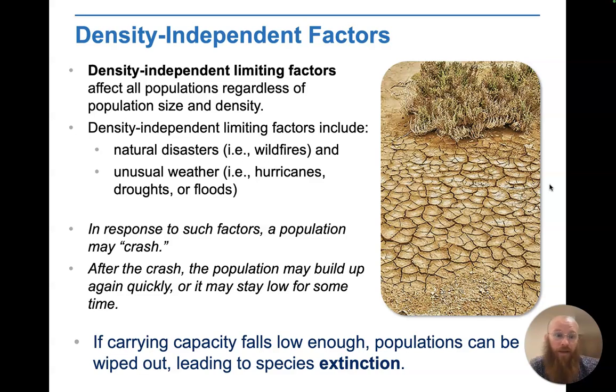Whenever a meteor struck the Earth, that was a density independent limiting factor. It didn't stop to ask how many dinosaurs existed in one place or the other. It just simply struck our planet and made the conditions of those environments uninhabitable for sustaining dinosaur populations. And so therefore, dinosaur populations did go extinct.